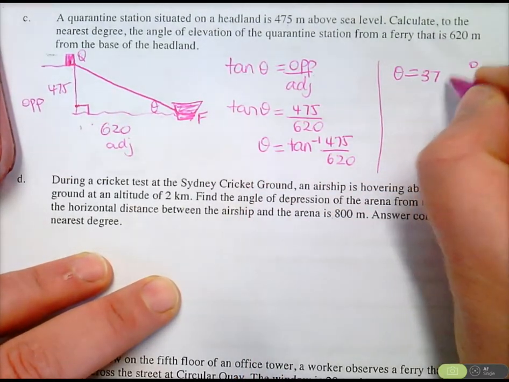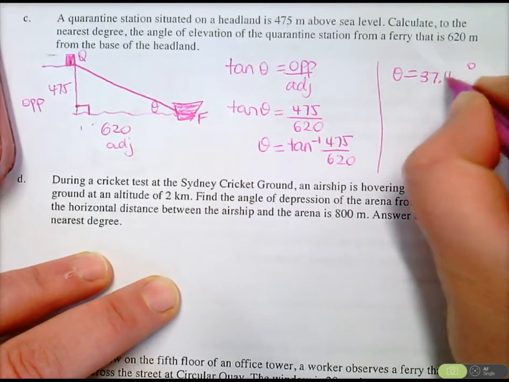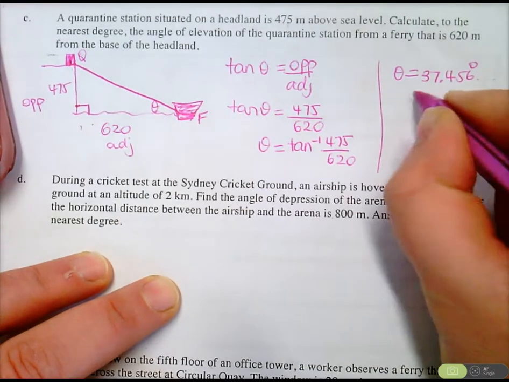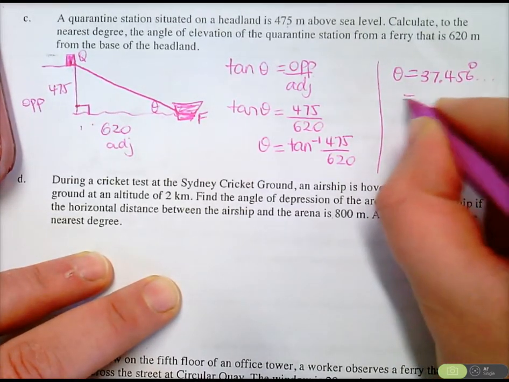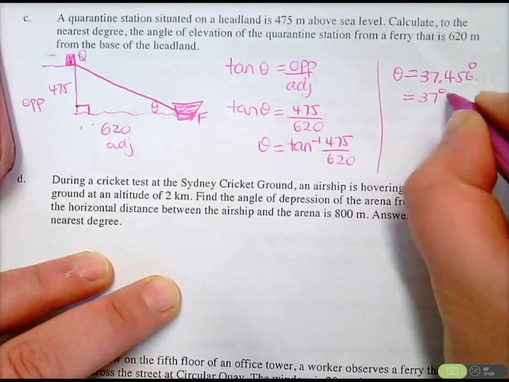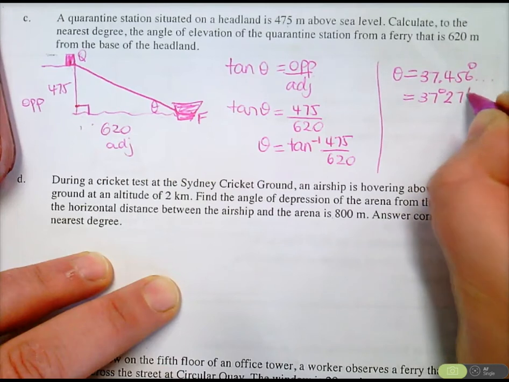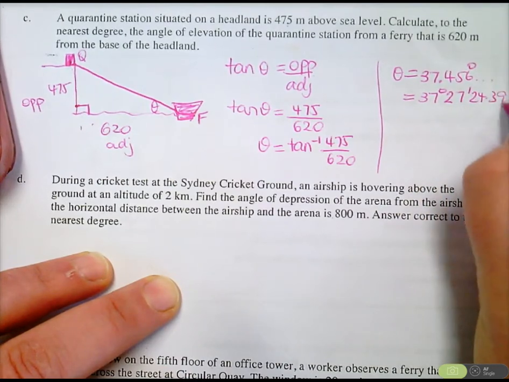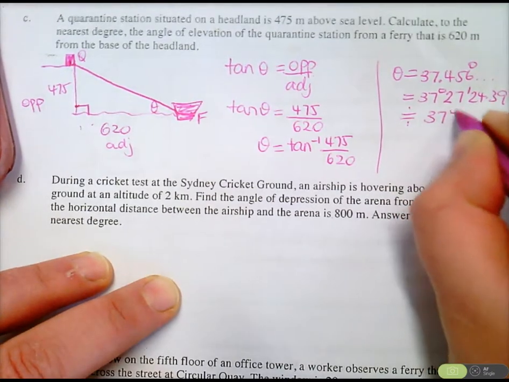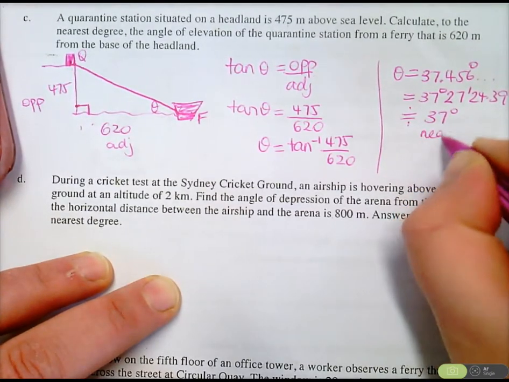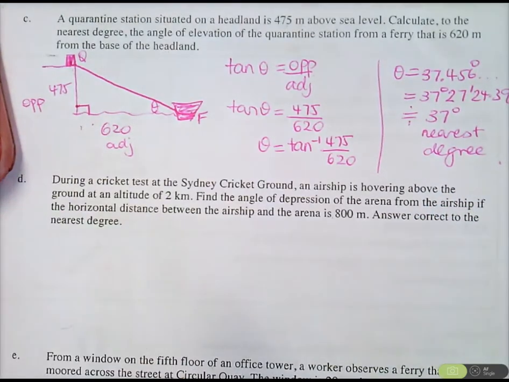Who's got the answer without changing? 37.456, etc. That's less than 37.5, which ends up being 37, or if you feel you need to, 37 degrees, 27 minutes, 24.39 seconds. That's still closer to 37 degrees to the nearest degree. So that's the angle of elevation looking up.